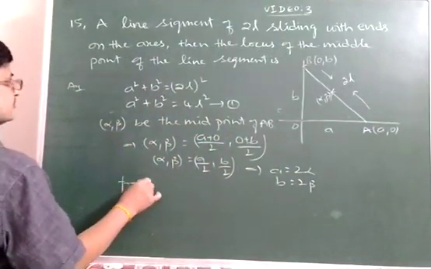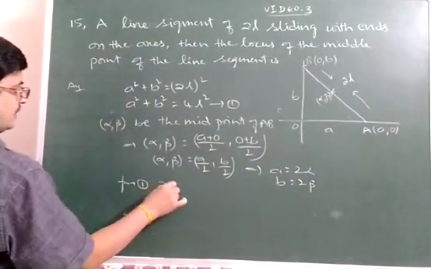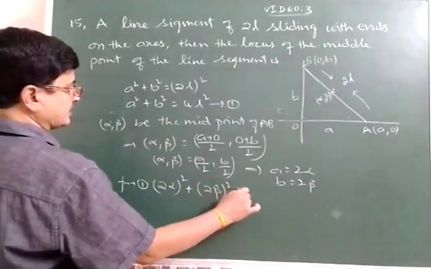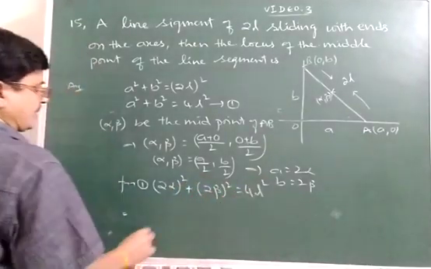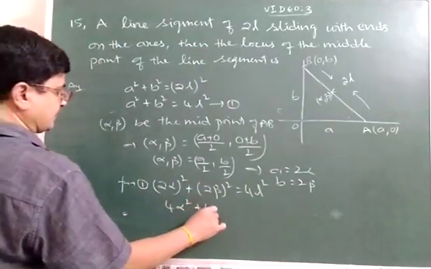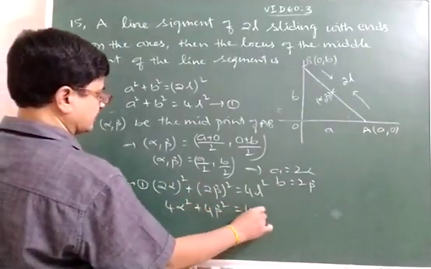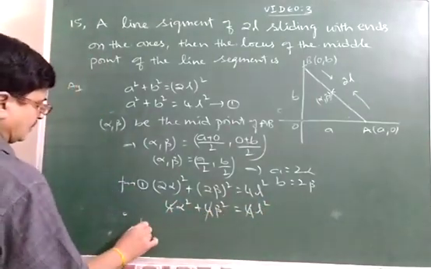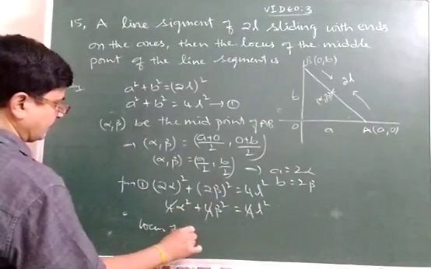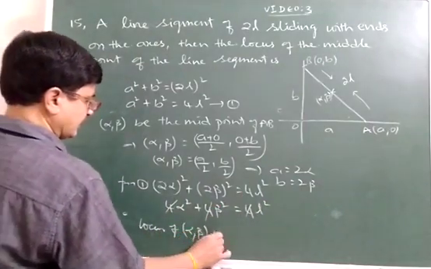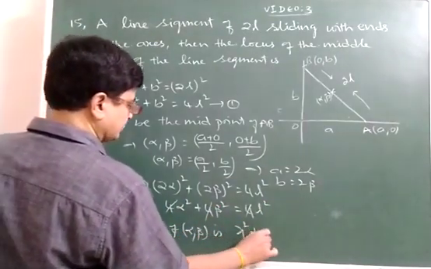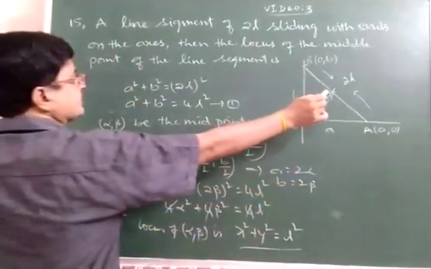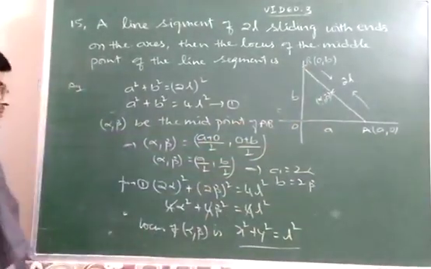So from 1, (2 alpha) whole square plus (2 beta) whole square is equal to 4l square. Now this is 4 alpha square plus 4 beta square equal to 4l square. 4 is cancelled on both sides. The locus of (alpha, beta) is x square plus y square is equal to l square. This is the required locus of the midpoint of AB.